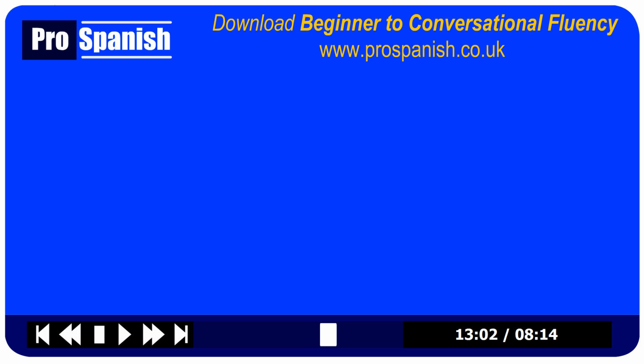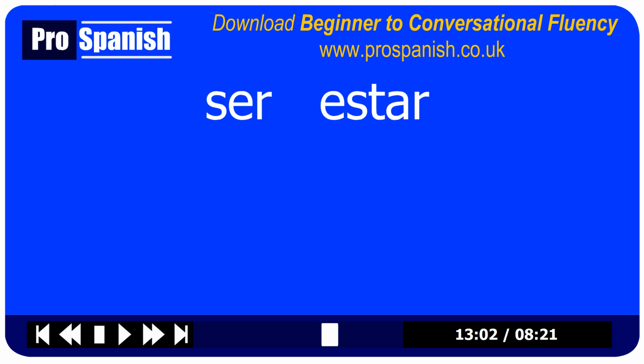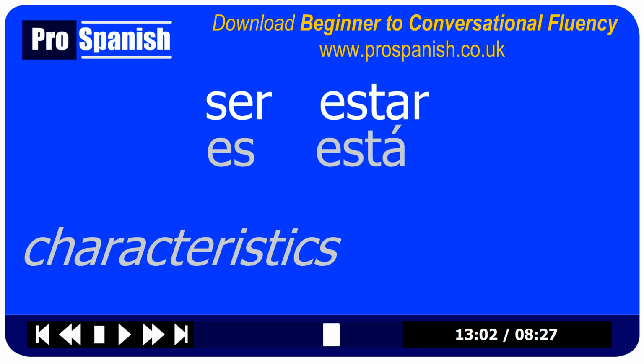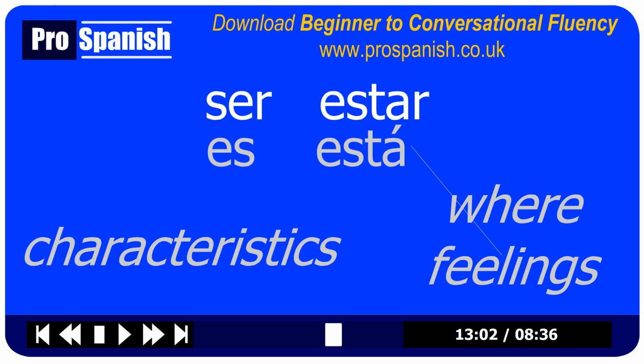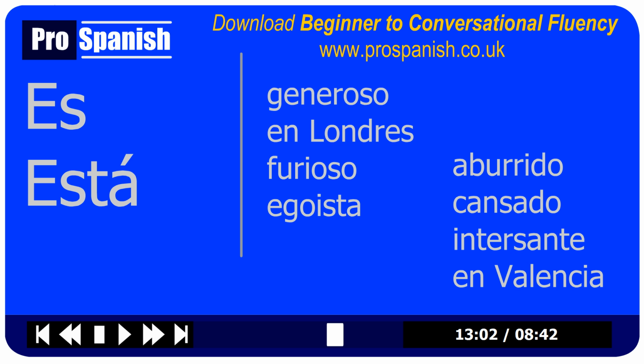So to recap, ser and estar, the parts we used are es and está. Es and ser is for characteristics, to say what somebody is like. And estar, está, is used to say where and the feelings. So let's practice using this grid on the screen.